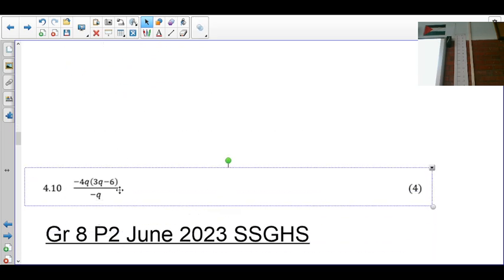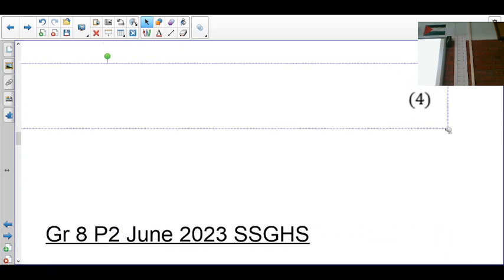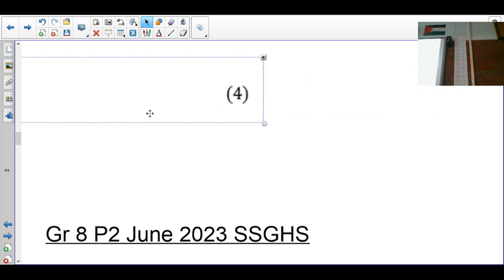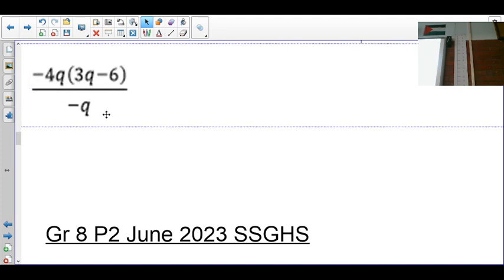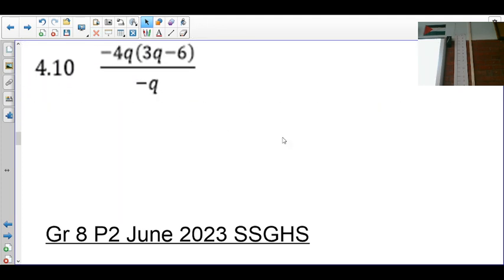Next one, there's one of two ways of doing the sum. You could have simplified your q first, your negative q. Then you would have gotten 4 into 3q minus 6, which is then 12q minus 24. Otherwise, which most of you did anyway, you multiply that out first. So it's negative 12q squared.